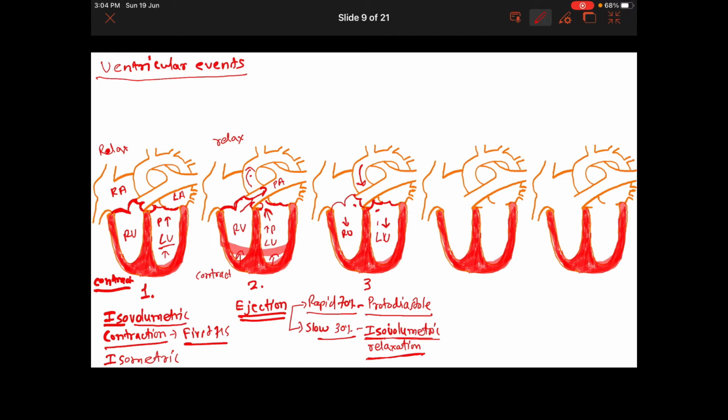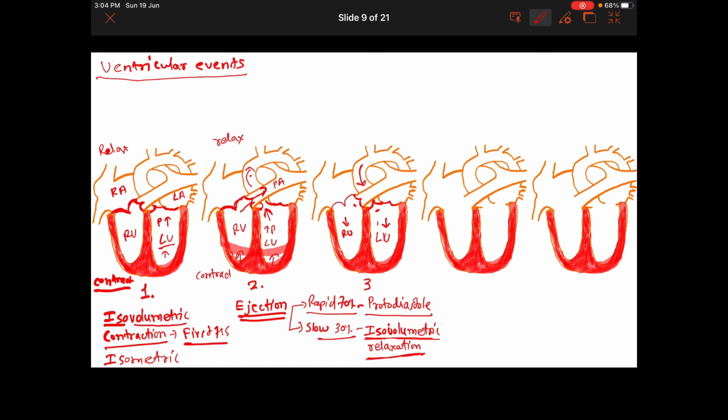So this is called isovolumetric relaxation. This phase starts with the closure of the semilunar valves, and it ends with the opening of the AV valves.